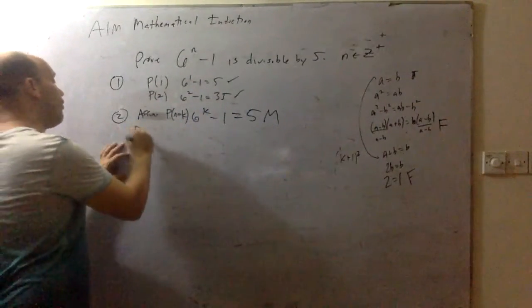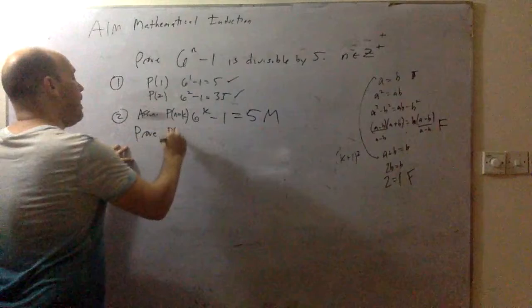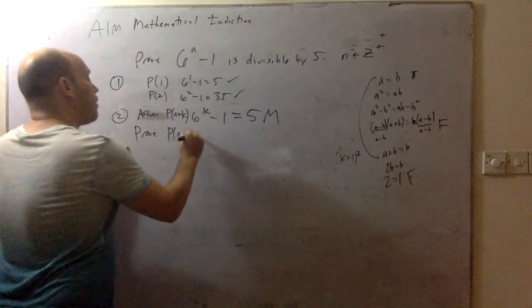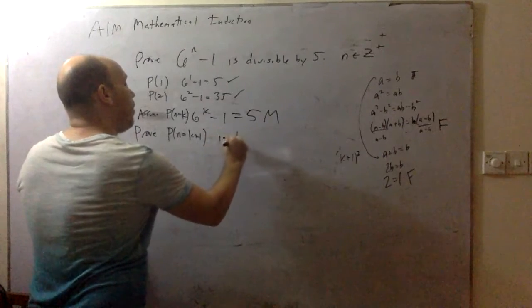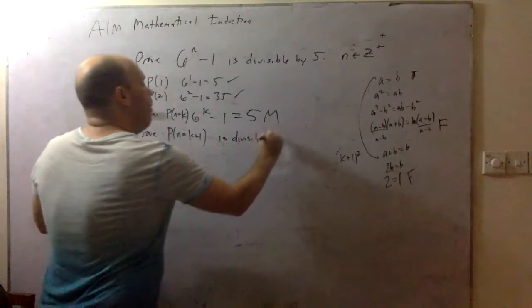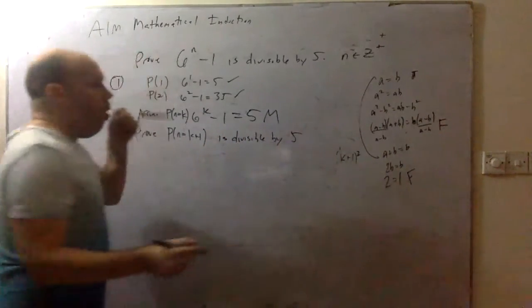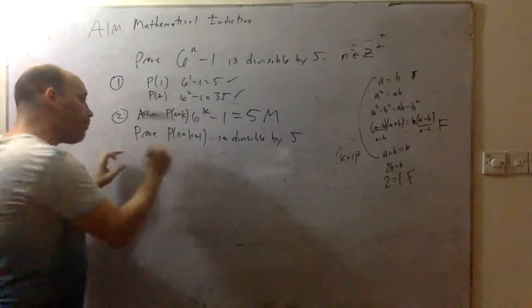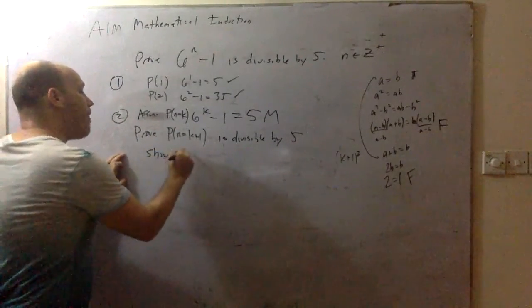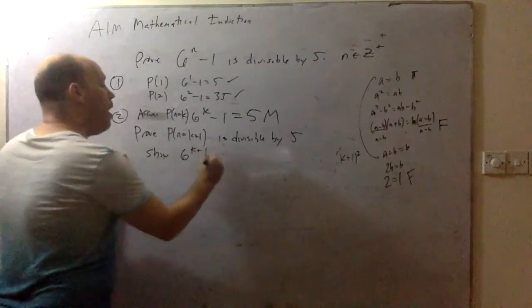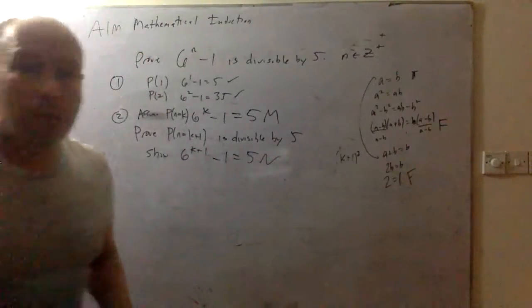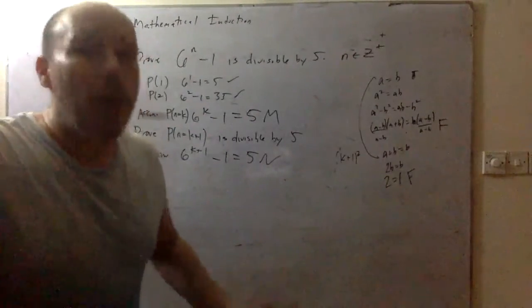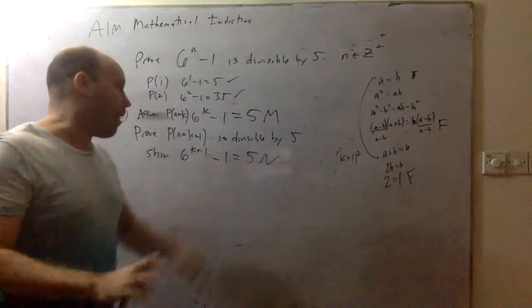We have to prove that n equals k plus 1 is divisible by 5. So you have to show that 6 to the k plus 1 minus 1 is equal to 5 something else. Because obviously it's not going to be the same multiple, but it's still 5 times something.